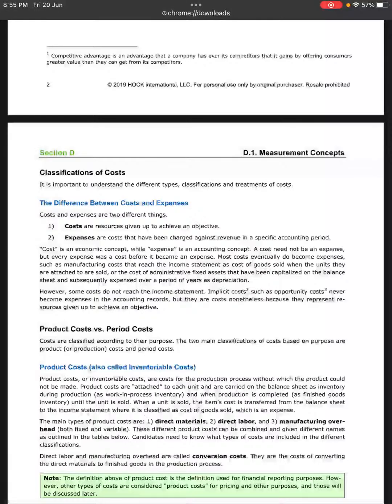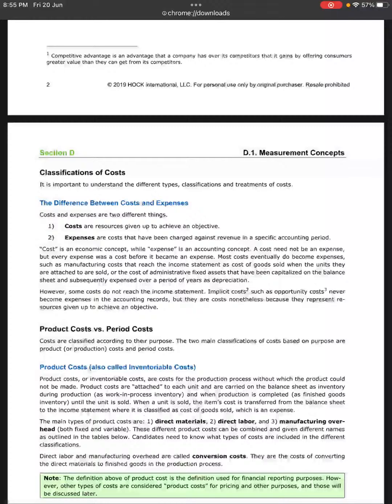All expenses are not cost, but all costs are expenses. Simple. Cost is an economic concept, while expense is an accounting concept, right? How can I simplify this? Expenses include, suppose, admin expenses, selling expenses, other opportunity costs, depreciation, whatever.